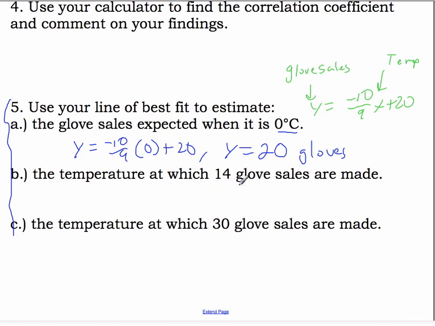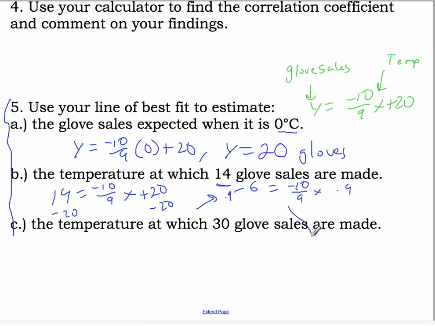Temperature at which 14 glove sales are made, so that's going to be y equals 14. So 14 equals negative 10 over 9 x plus 20. So we can subtract 20 from both sides, and we get negative 6 equals negative 10 over 9 x. I can multiply both sides by 9.